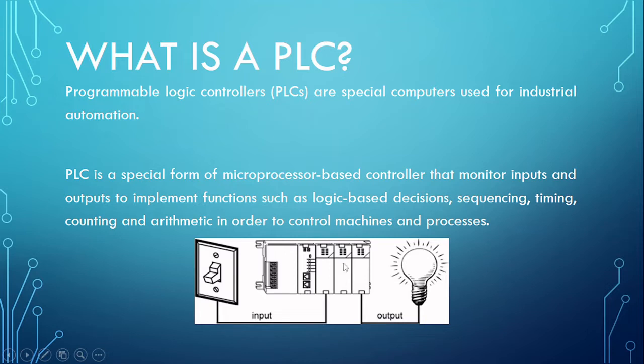So what the PLC does here is to read the signals from the input device, compare them with the instructions stored in its memory, and communicate the action in the form of signals to the output device. So when there's a need for the response to change, all that needs to be done is to change the program or the instruction in the memory of the PLC.